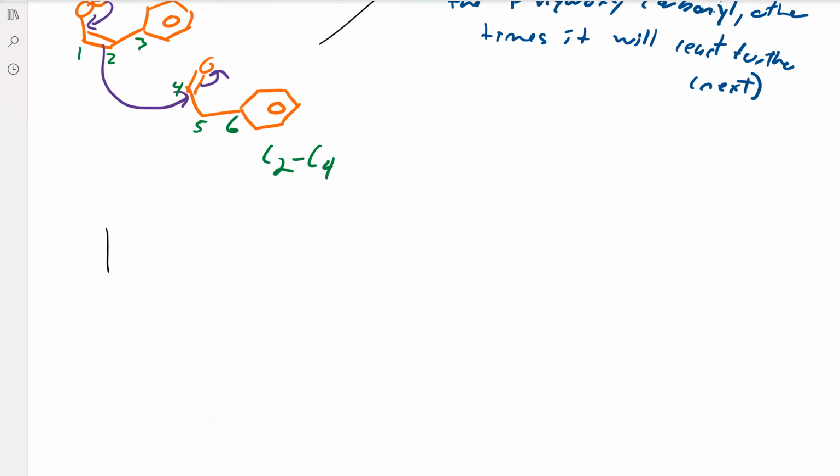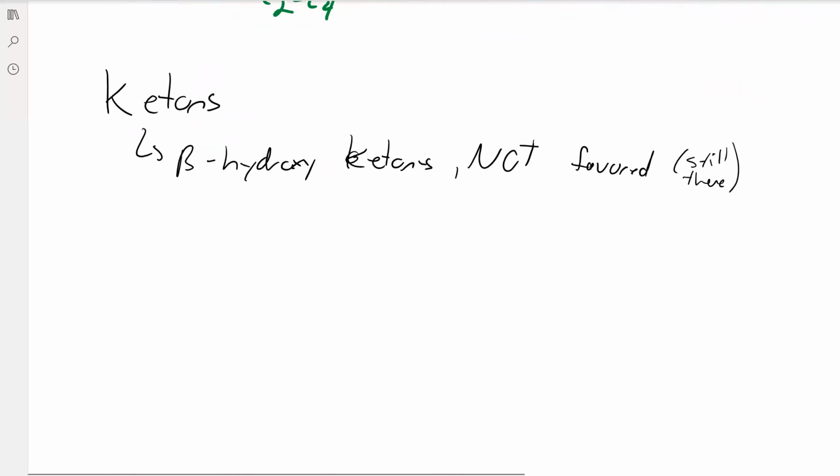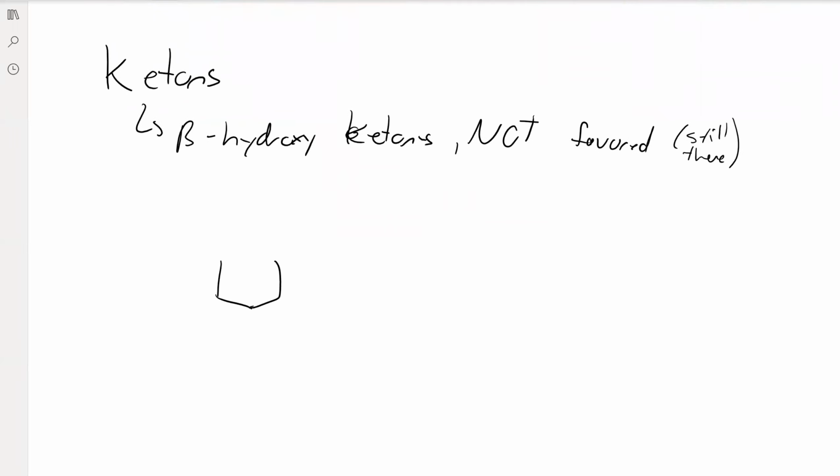In terms of ketones, right, we saw it do it with aldehydes. Ketones can also do this. So beta hydroxy ketones, they can form, but they're not favored. So they're still there and they can do further reactions, but they're generally not favored. So for example, if you had cyclohexanone and then you reacted that with sodium hydroxide, you would indeed get some aldol addition.